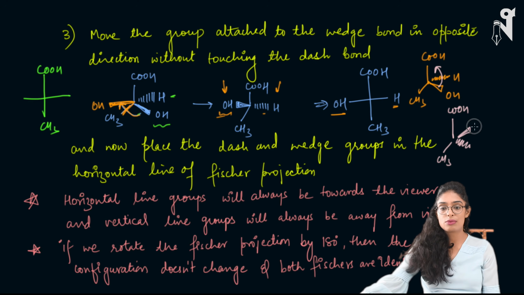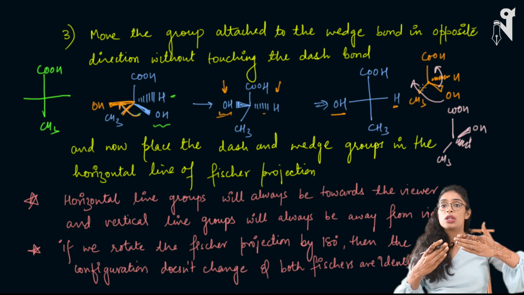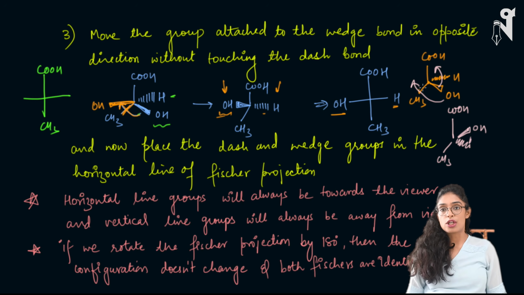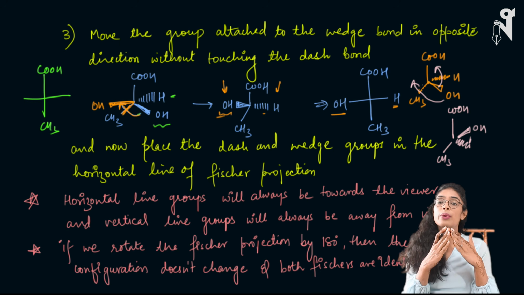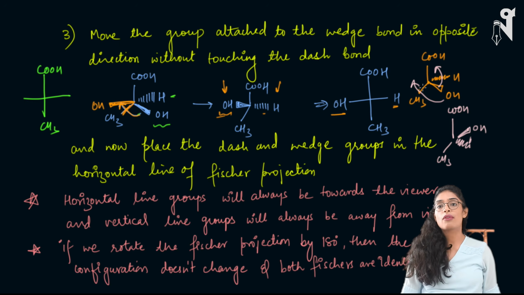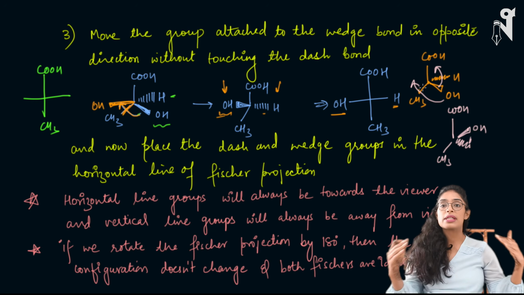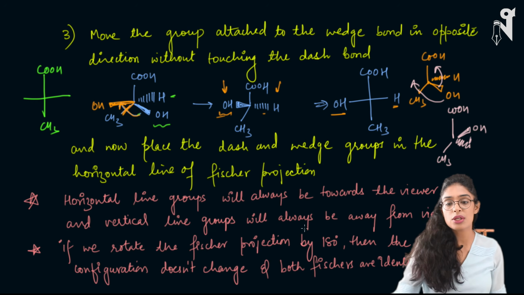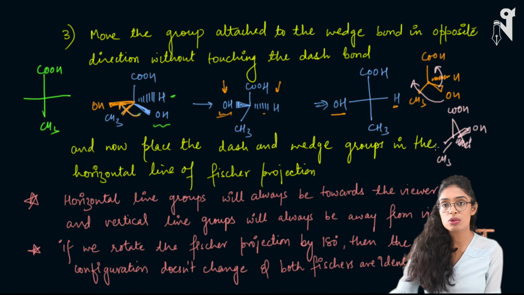That's not what I'm trying to do. The bond is still closed. We are trying to open the bond. We are shifting OH in this direction so that it comes to the opposite side of the dash bond, so that it becomes easier for us to see in which direction your dash is and in which direction your wedge is, and then accordingly you can place them on the vertical line. So this representation is wrong. This movement is also wrong.